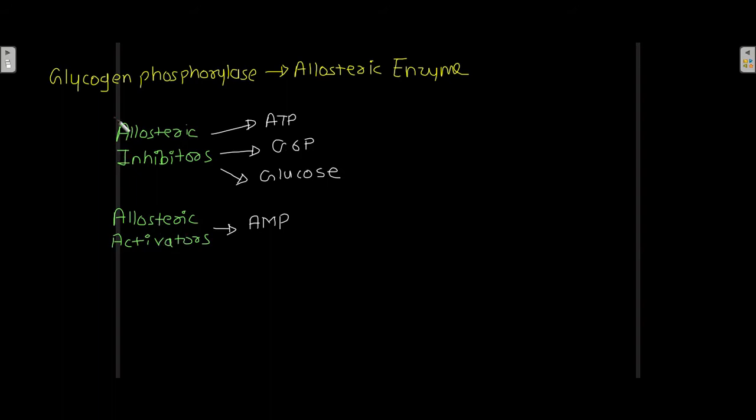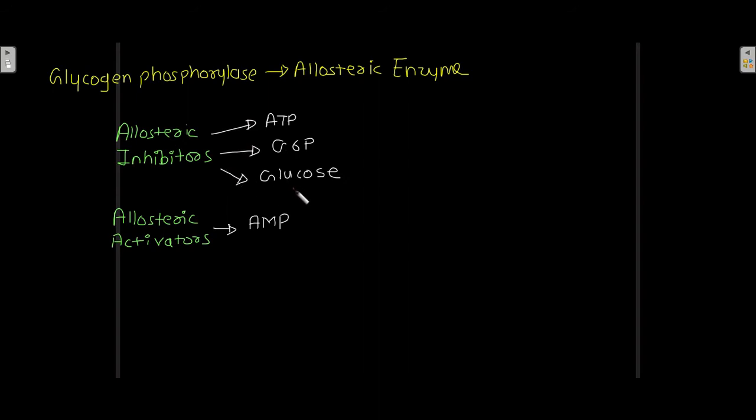So if the system has AMP, then glycogen phosphorylase will break down the glycogen. But if the system has ATP, glucose 6-phosphate and glucose in sufficient amounts, then glycogen phosphorylase will not break down the glycogen. So this makes sense.